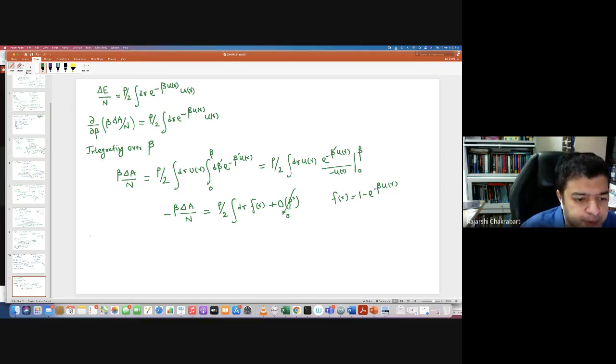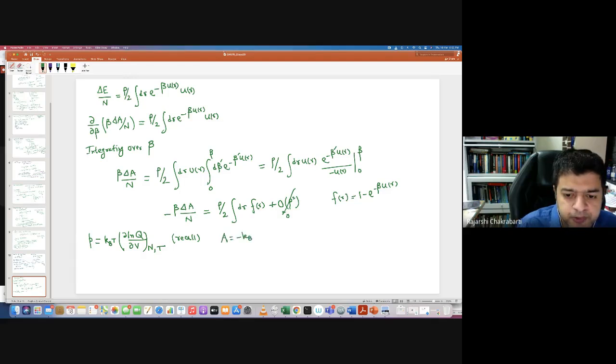Now recall, what is pressure? It is kBT (∂ln Q/∂V) at n, T. This is pressure, no? Yes. And also remember, A is −kBT ln Q. So your pressure is actually −(∂A/∂V) at n, T, isn't it?